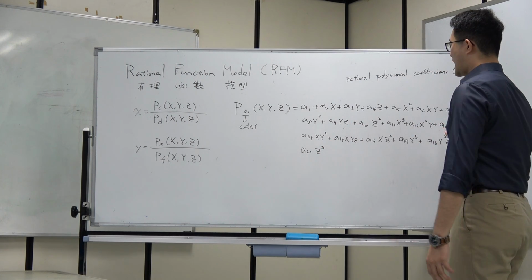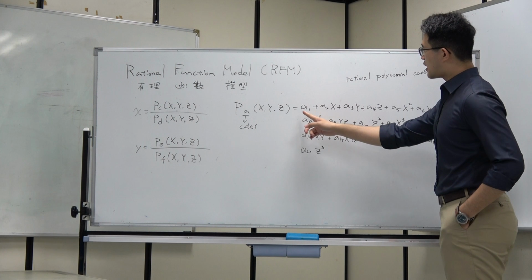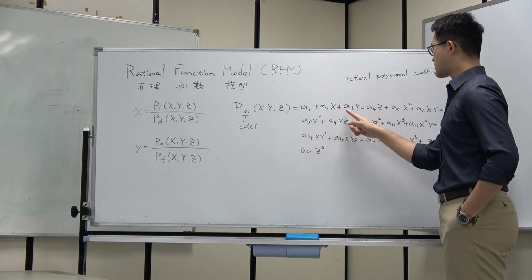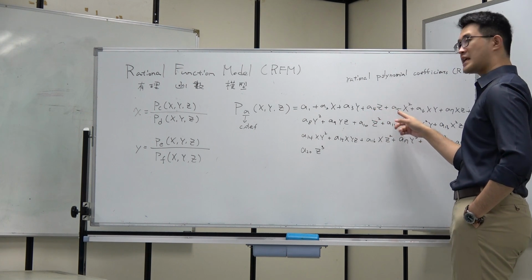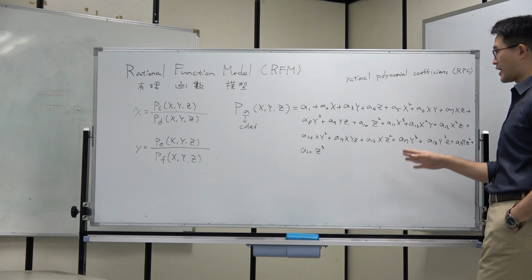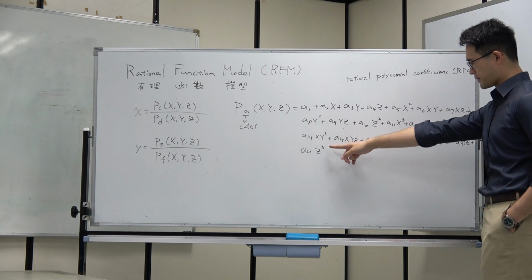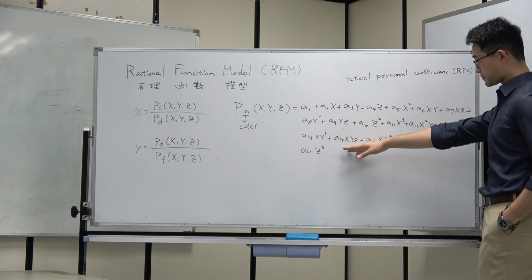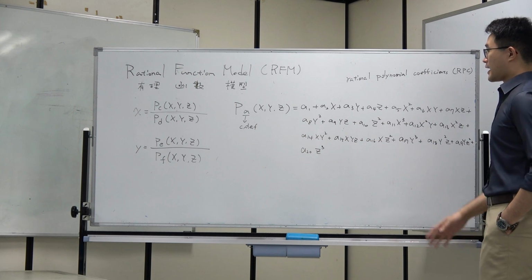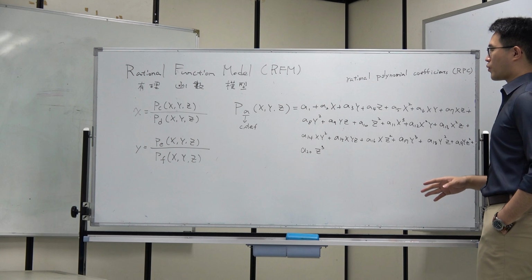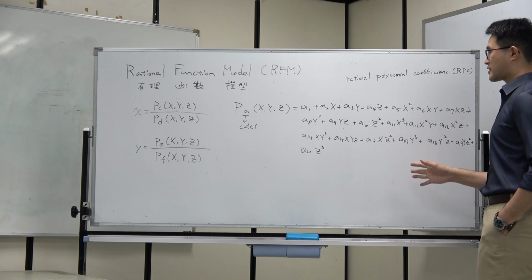So the format of that is you have the coefficients a1 plus a2x plus a3y plus a4z, and so on and so forth. As you can see, it's a third order polynomial function. You may ask why it is like that.